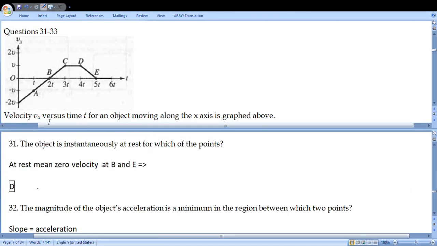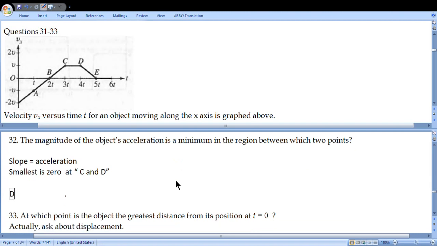So we have graph velocity Vx versus time of an object moving along the x-axis is graphed above. The object is instantaneously at rest for each of the points. So at rest means velocity is 0. So it is point B and it is point E. At B at E, so we choose D. The magnitude of the object's acceleration is maximum in the region between which of the two points.